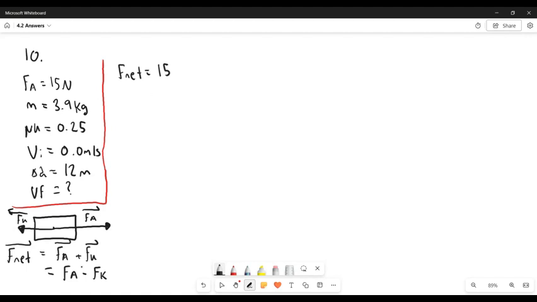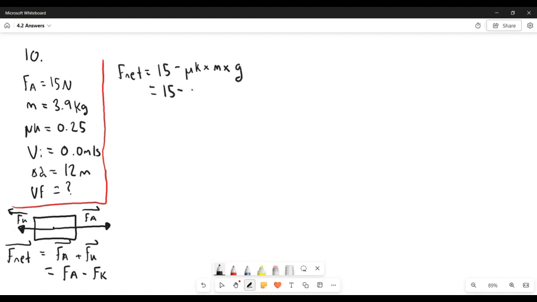So we have the force applied, which is 15 minus Fk. So if you remember, the equation for the kinetic friction is the coefficient into the mass, finally into gravity.